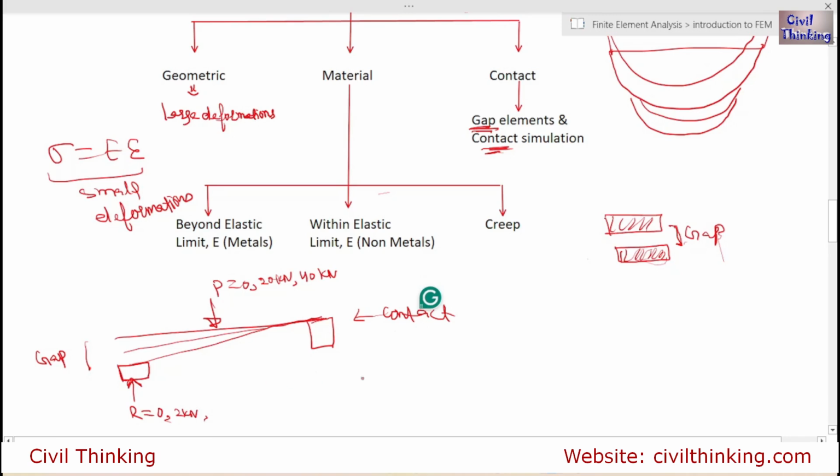So let me show it with the graph. Let us say this is the reaction, let me call this R1. Initially, this is P. At 0, what was the reaction? 0, right? Then what happened?